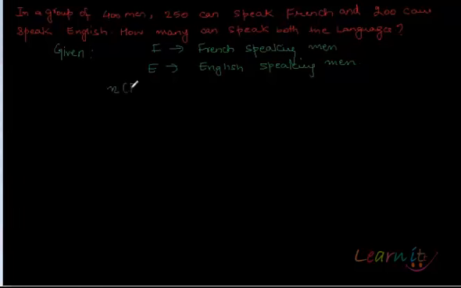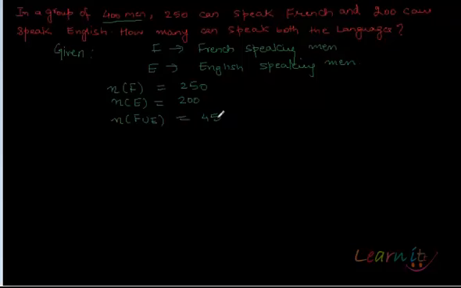So what is given to us? The number of men speaking French is 250, the number of men speaking English is 200. Also there's something else that we know. We know that the total number of men is 400. So the union of French and English is 400.